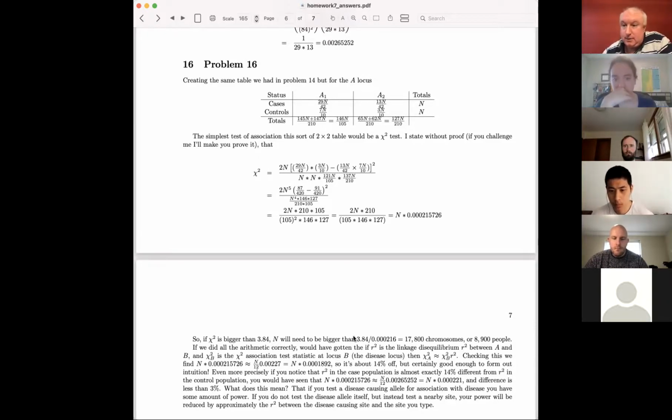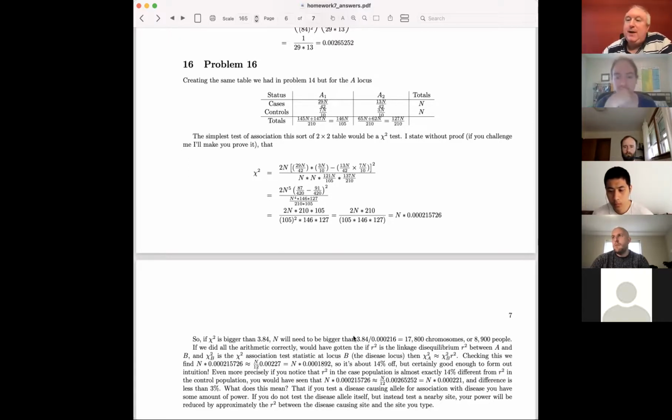And it is the reason that if you're a geneticist looking to do disease association studies, you're trying to create a set of markers around the genome such that all of them have roughly largish R squareds to almost everything else in the genome.